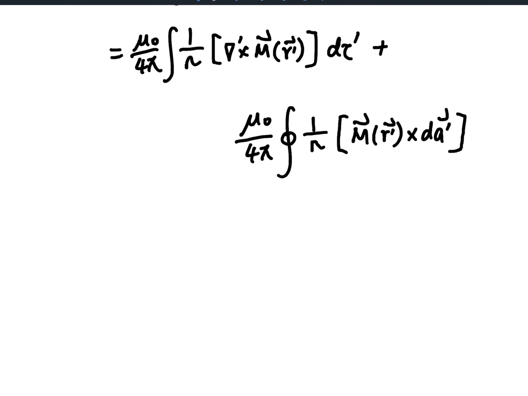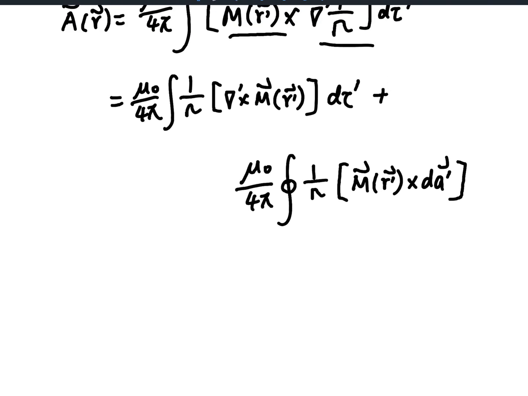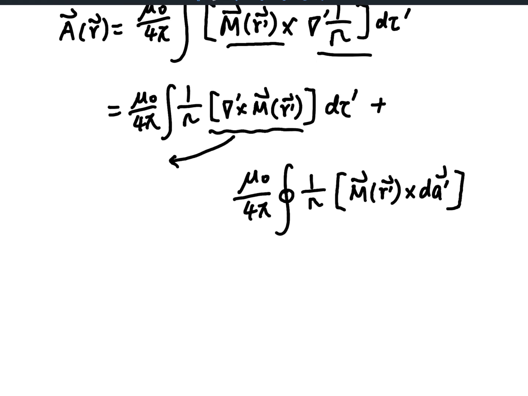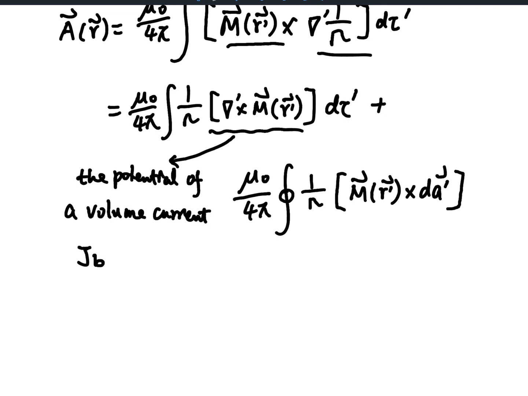Now there are two terms here. What do you see from this term? This one really looks like the potential of a volume current, what we call J_B, which is del cross M. I mean they are both with respect to the prime variable, but now I just switch everything to r so it will be easier.